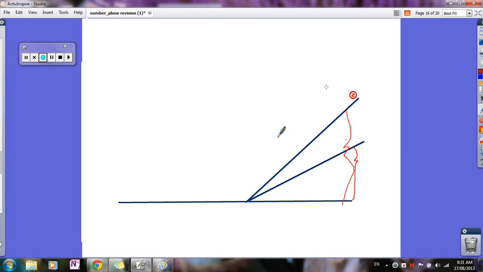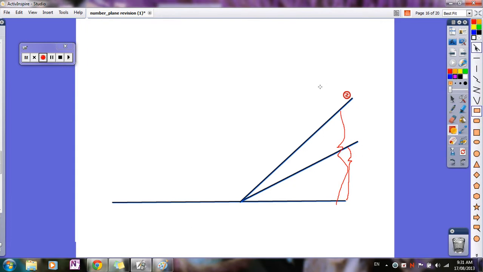Okay, that's cool, but sometimes my slope goes a further way across. So I might have a line that goes like this. It's the same distance up as the steepest one, but it's a different distance across.